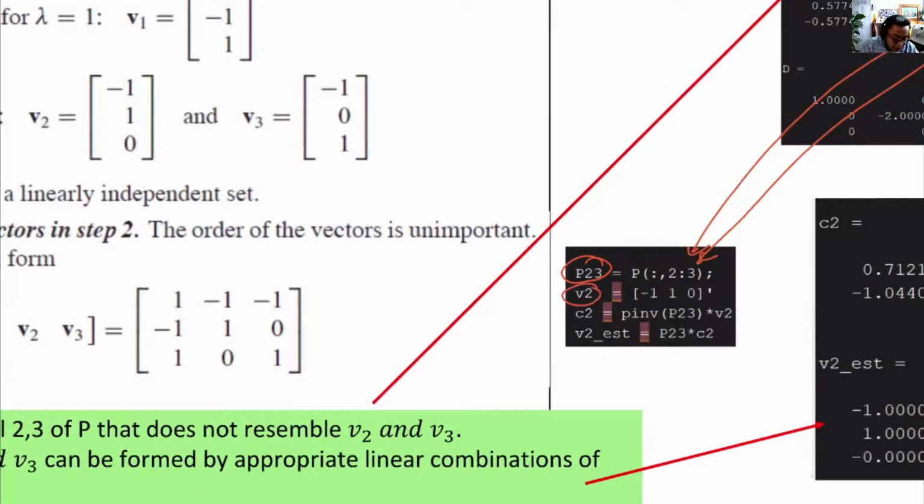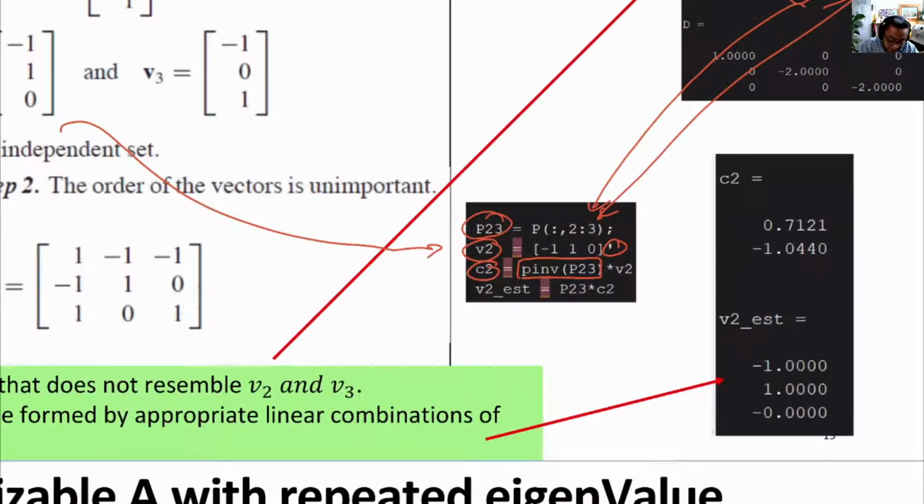I extract V2 here, minus 1, 1, 0, as a column vector, and I find the coordinates using this as the basis, and I realize that yes, I can generate V2 as some linear combination of this P2 and P3 matrix.